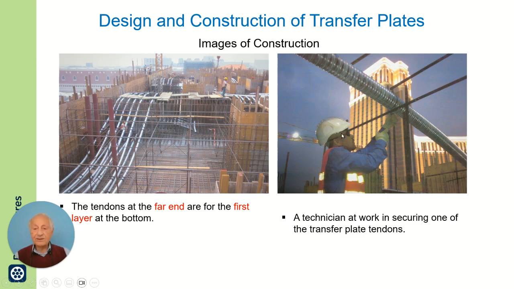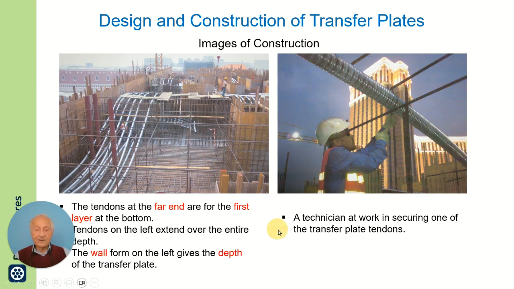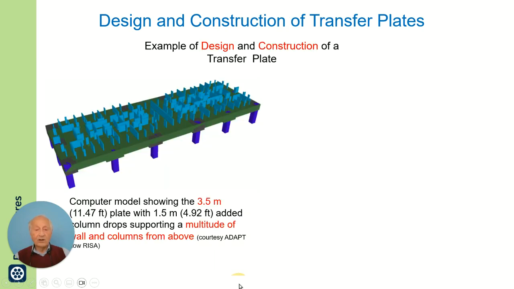A technician on the right is adjusting the post-tensioning. The wall forms on the left give the depth of the transfer plate, and give the impression of how deep it is. This is the depth of all concrete.